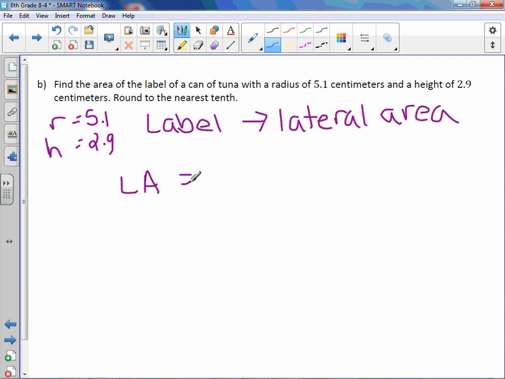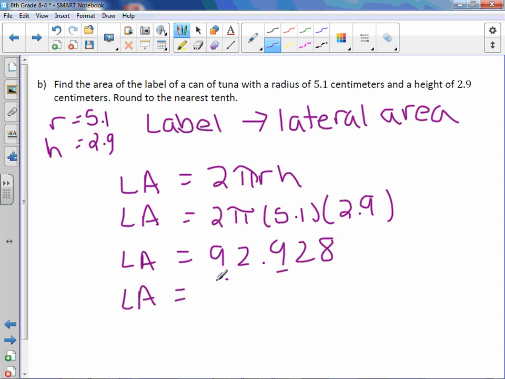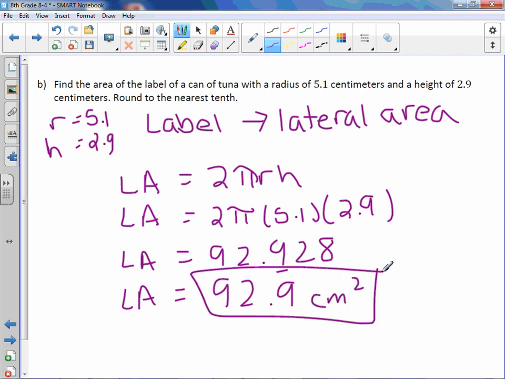Lateral area is 2 pi r h, which is 2 times pi times 5.1 times 2.9. It comes to 92.928. To the nearest tenth, 92.9 centimeters squared. It's still area, so we still have square units.